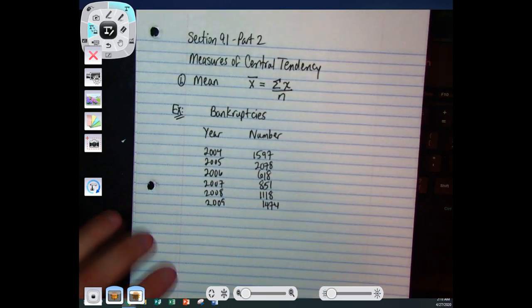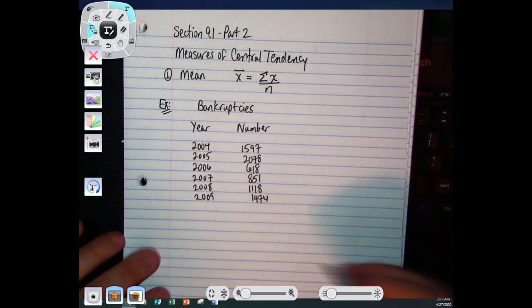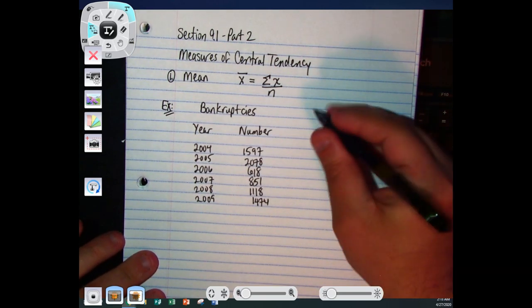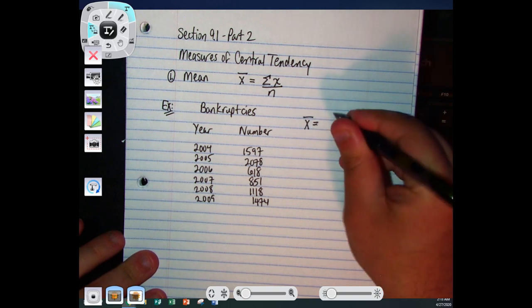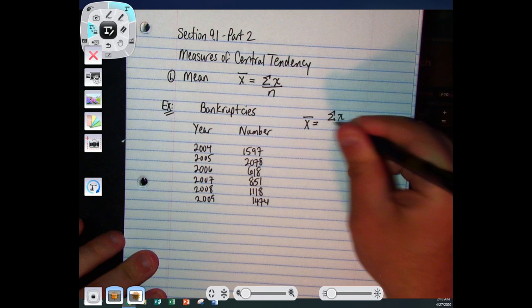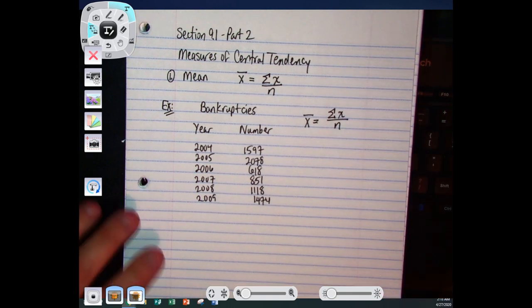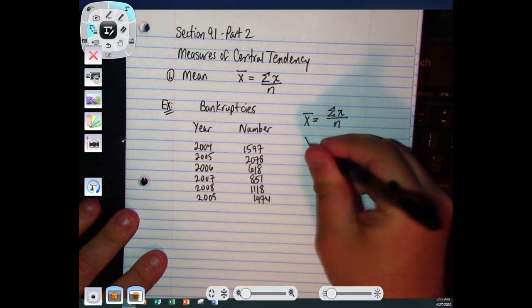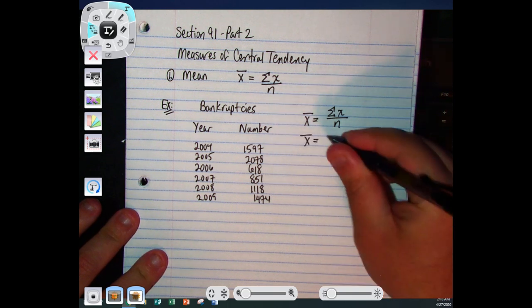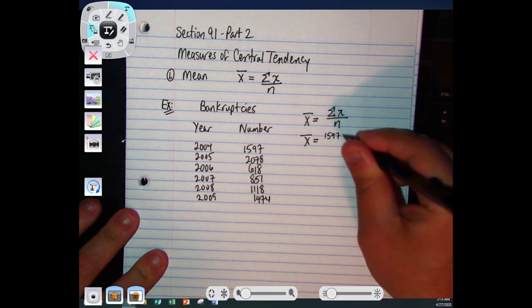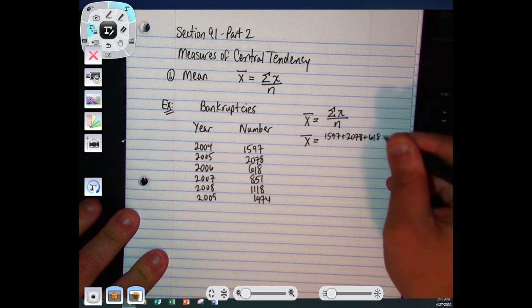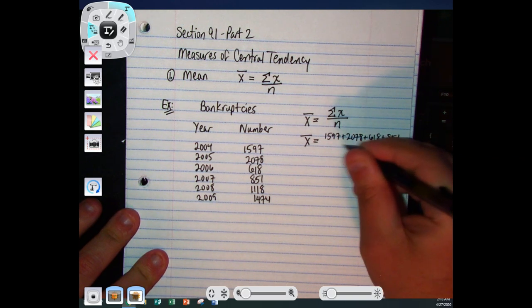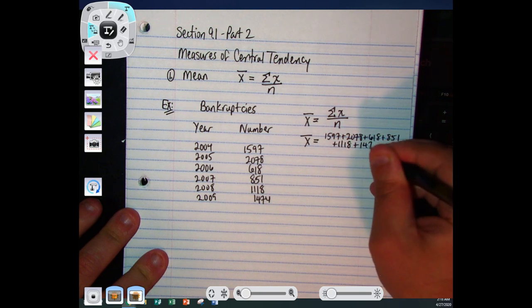Okay, so to calculate this mean, we would do x bar equals the summation of all the data values divided by the number there are. So in this case, x bar would be equal to 1597 plus 2078 plus 618 plus 851 plus 1118 plus 1474.